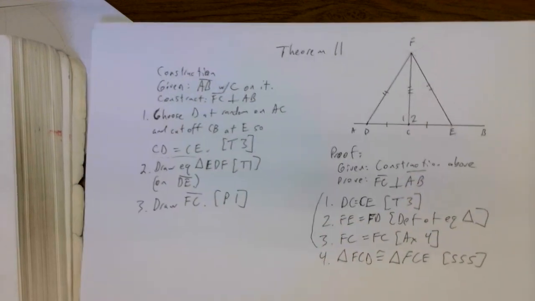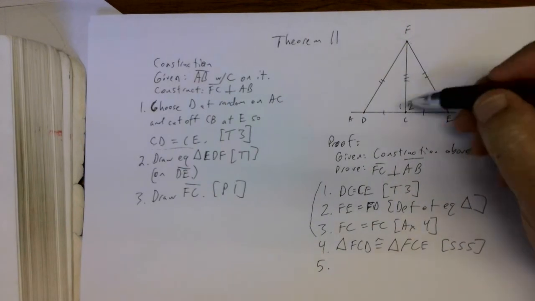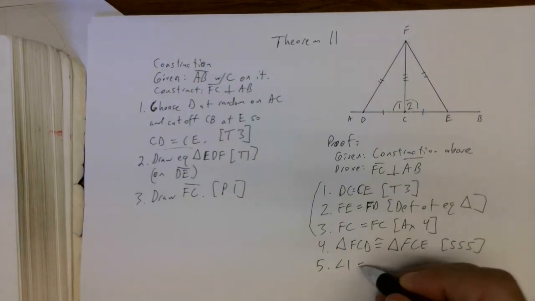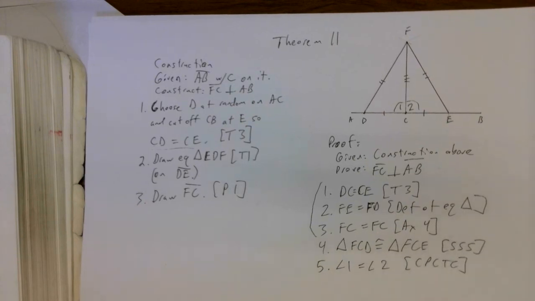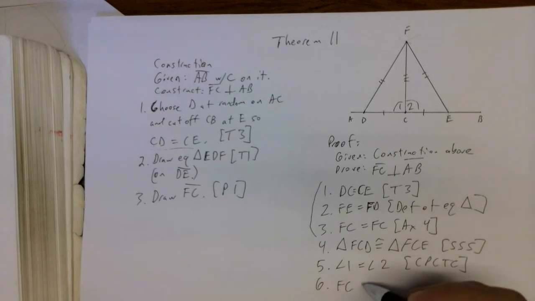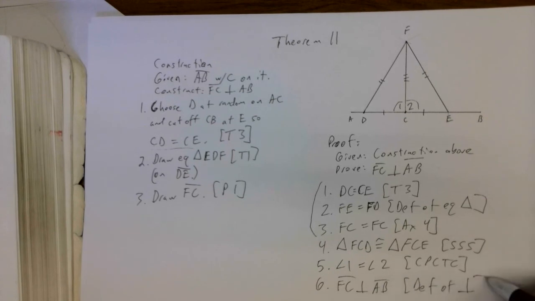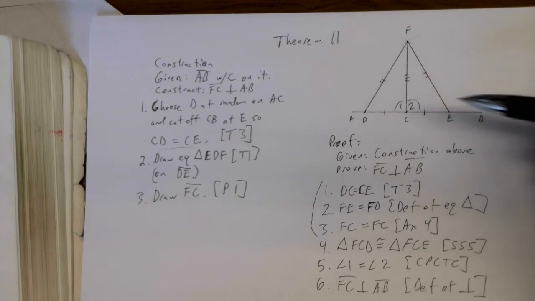Okay, so now we reach into the locker, we take out the precious part, angle 1 and angle 2, and we say that they are equal by CPCTC, and hence that proves, as I said before, that FC is perpendicular to AB by the definition of perpendicular, which is a line standing on another line, making the two adjacent angles equal to one another.